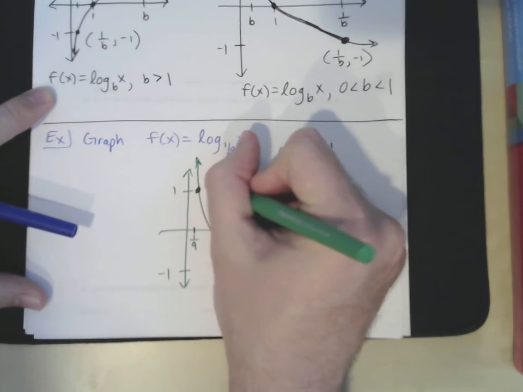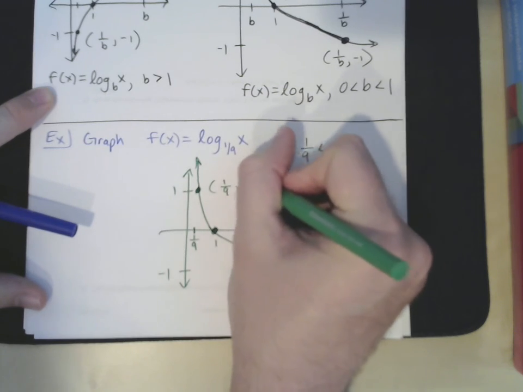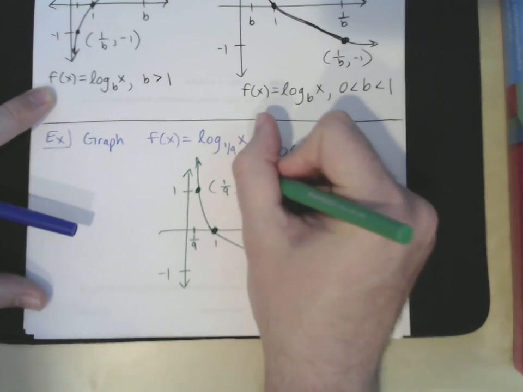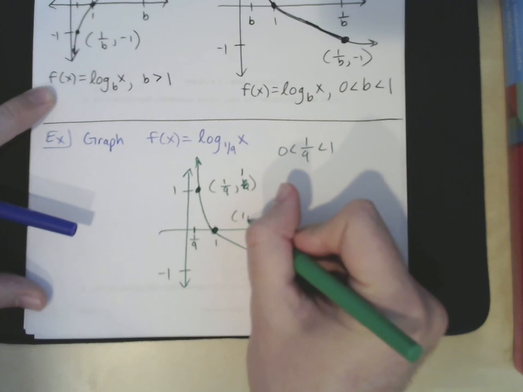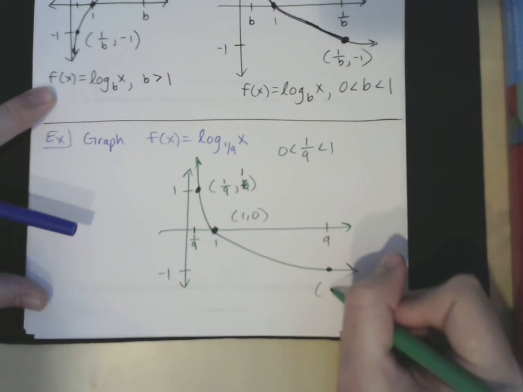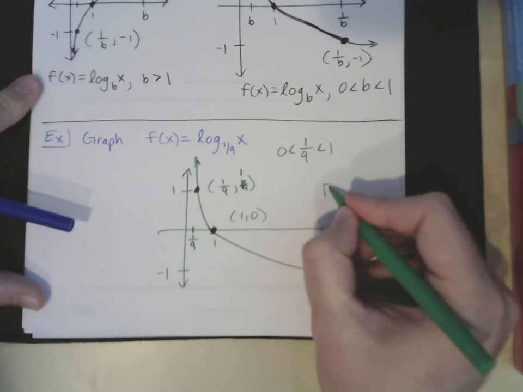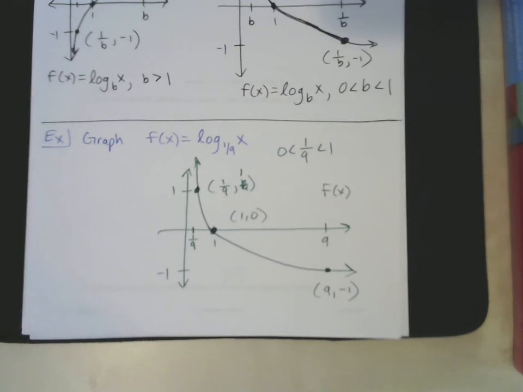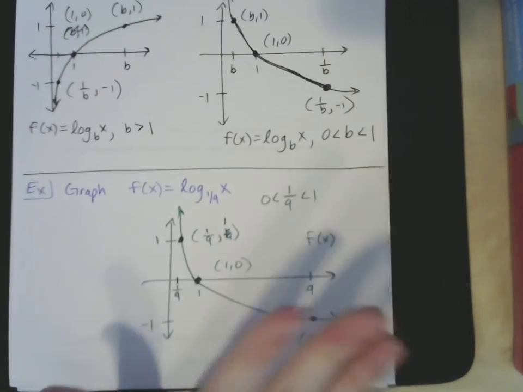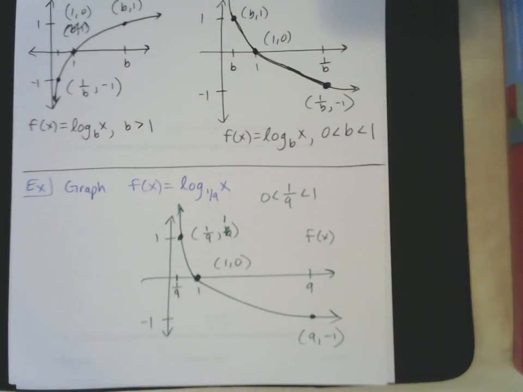This is (1/9, 1). This is (1, 0), and this is (9, negative 1). And this would be our f of x. So as long as you can memorize the points from these two versions, just like in 12.3 for the exponentials, graphing these becomes relatively simple.